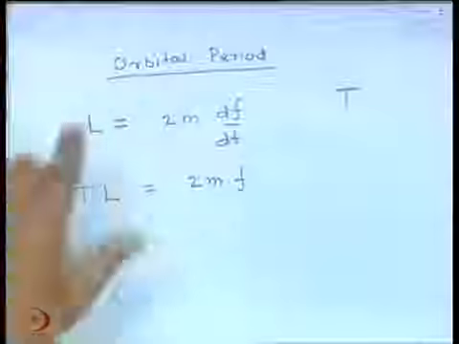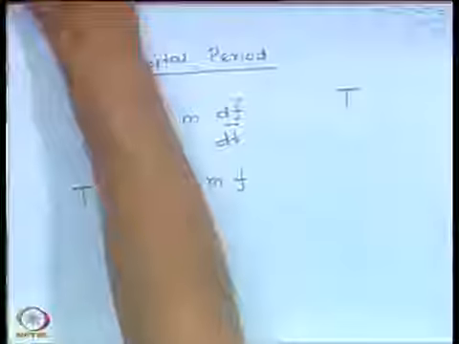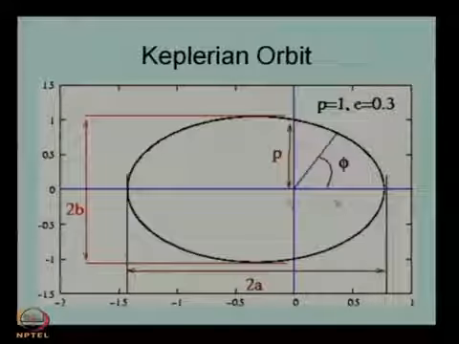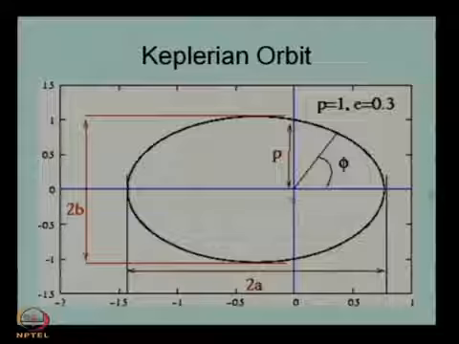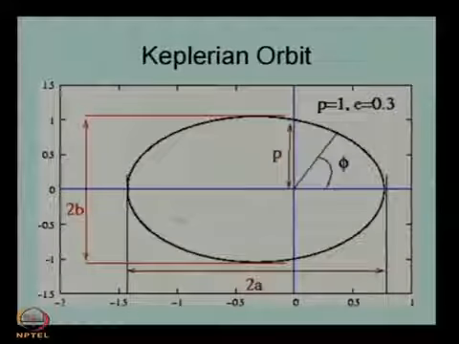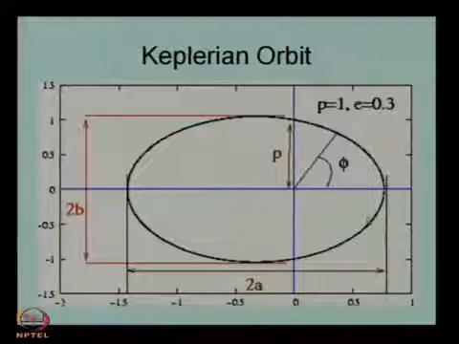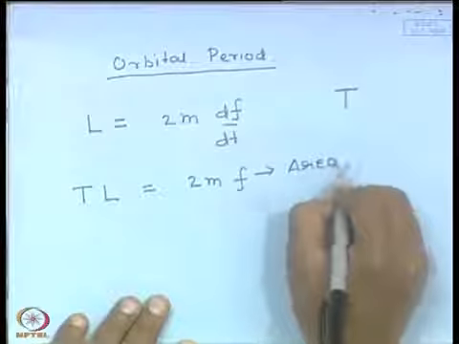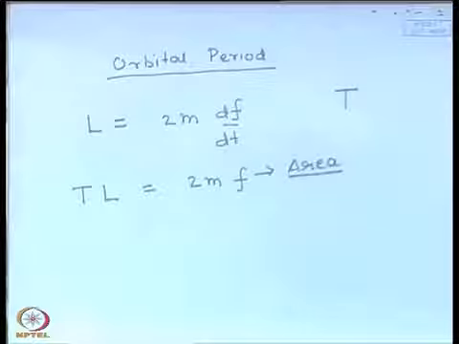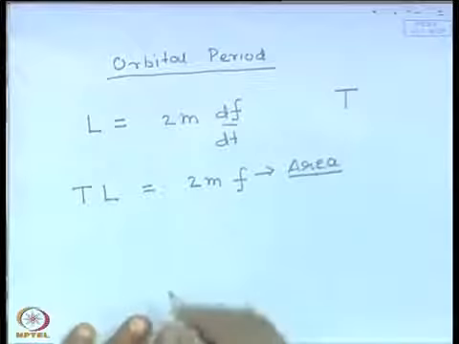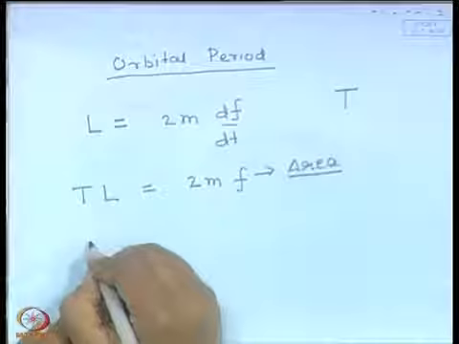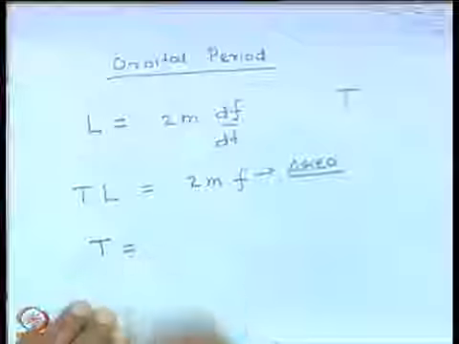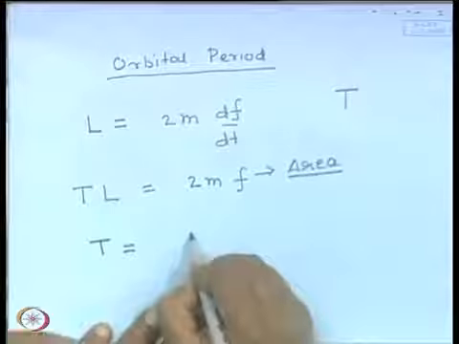So, if I integrate over one whole orbit, I will get the area of the ellipse, right. I will start from here and calculate the area that it subtends at the center. If I integrate over the entire orbit, I will get the area of the ellipse. So, f is the area of the ellipse. And so, what we have from this is that the orbital period is equal to 2m.